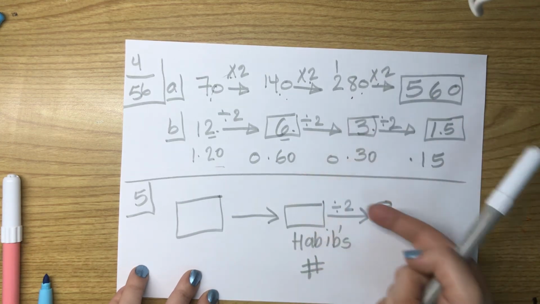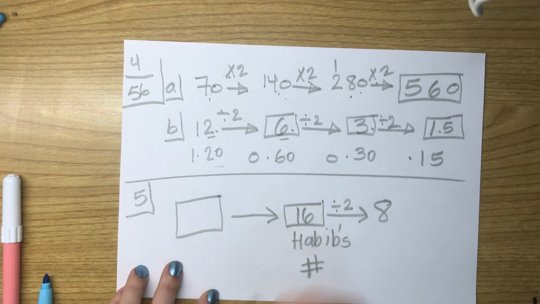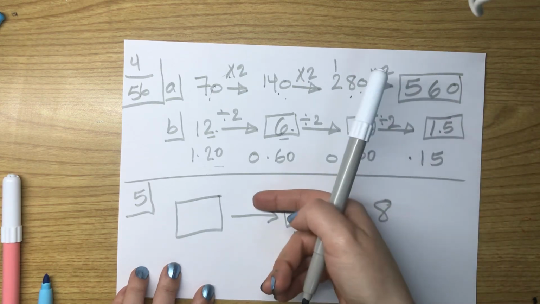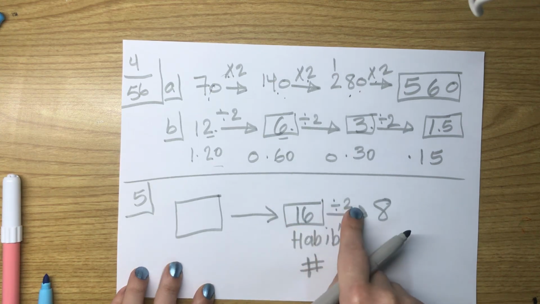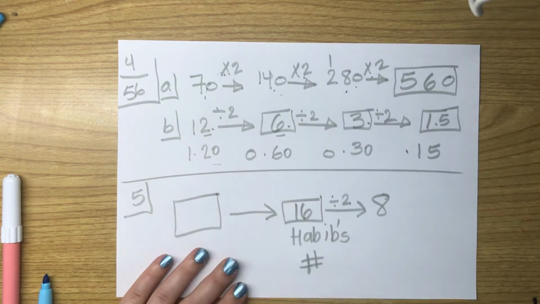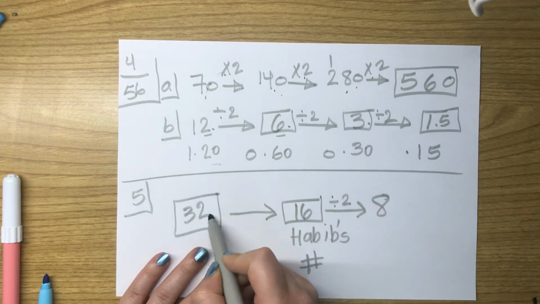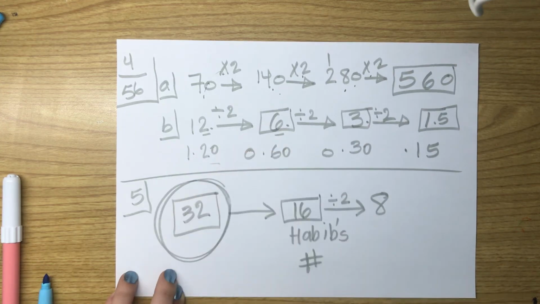Going this way, we have to find what number divided by 2 gives you 8, which is 16. Can you notice that when we go to the right side, the numbers are getting larger? So instead of dividing by 2, the opposite way, we are going to multiply by 2. 16 times 2 equals 32. So the double of Habib's number is 32.